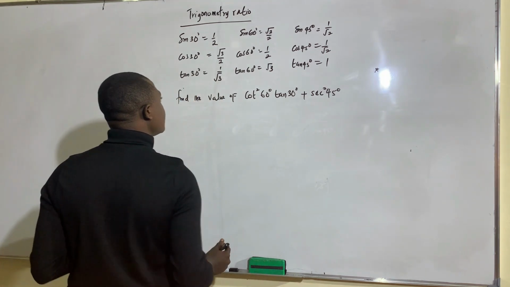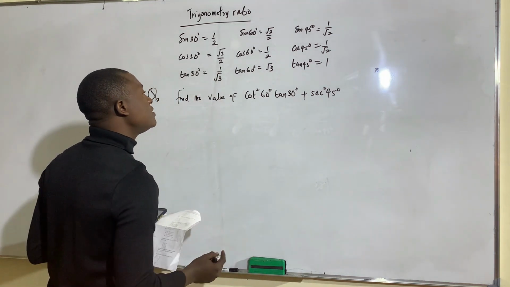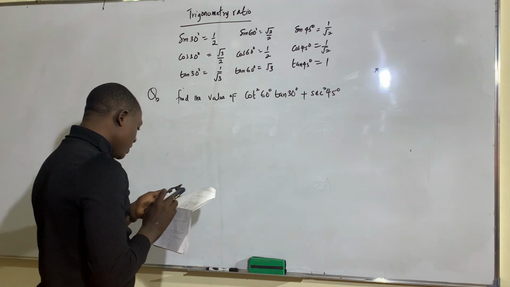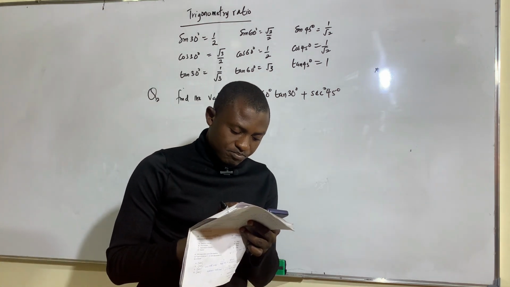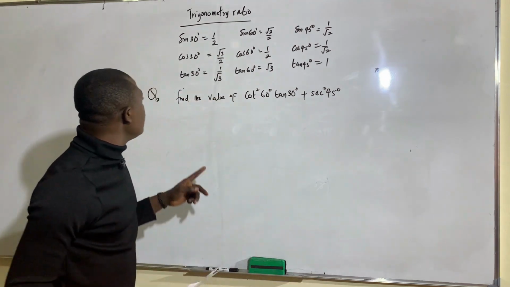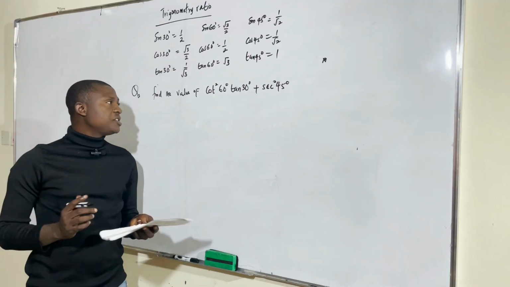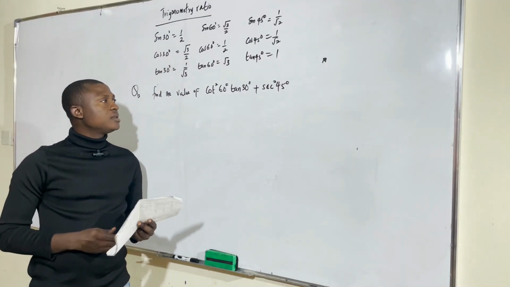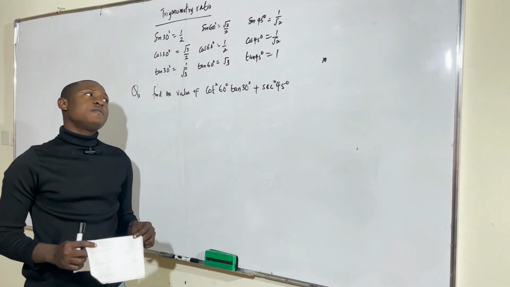So let's see how we're going to make use of that. Now, let's see how we're going to solve this problem. They say find the value of cot square 60 degree tan 30 degree plus sec square 45 degree.